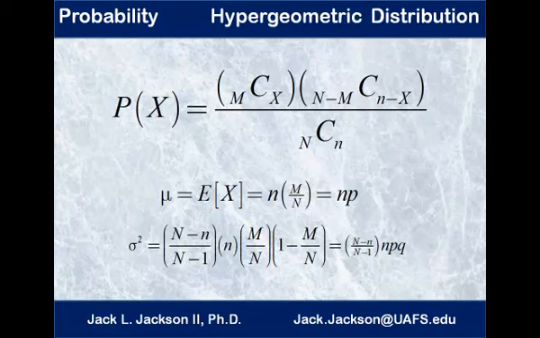And in fact, that's exactly the same mean, when you write it that way, np, as the binomial distribution. So that's kind of interesting. It's a slight variation on the binomial, but if you write it that way, n times P is still the mean.